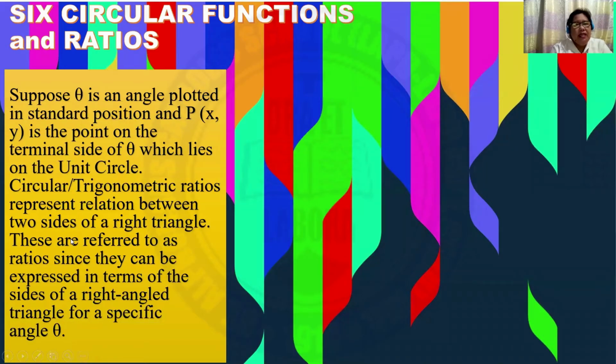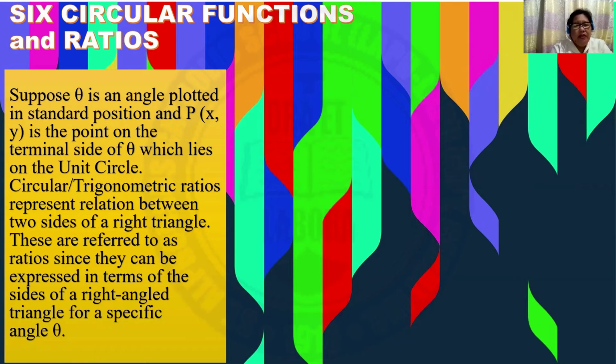Suppose theta is an angle plotted in standard position, and P with coordinates x, y is the point on the terminal side of theta which lies on the unit circle. Circular or trigonometric ratios represent the relation between two sides of a right triangle.